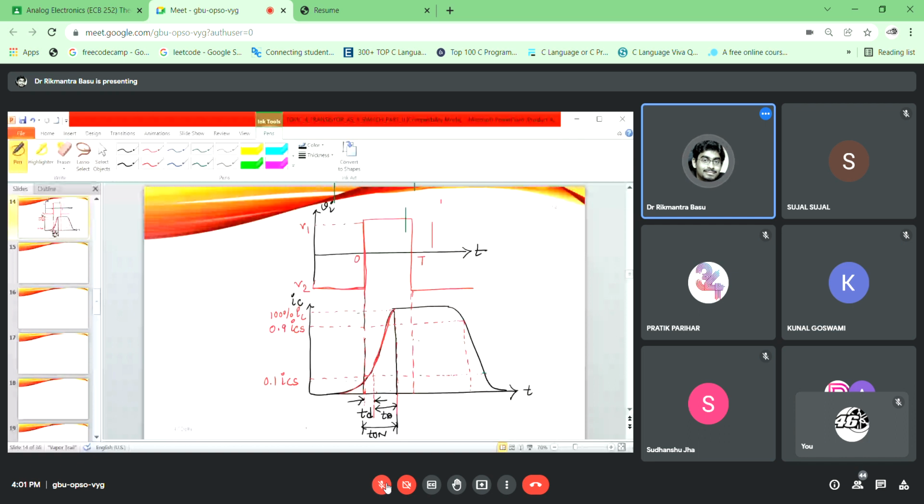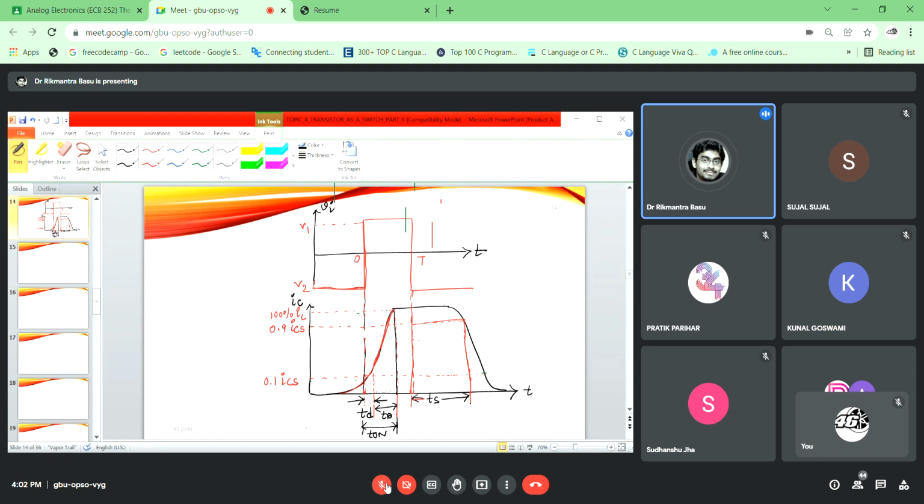Then up to this period, it is almost saturated, making a saturated or stable value. So stable time, or TS, is also known as saturation time or storage time, basically up to which the charges get stored within the system.